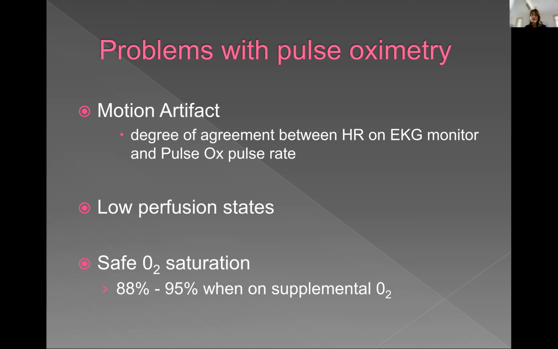So Chris, on the forehead, when you take a pulse ox probe and open it up and you stick it on the forehead, it's always going to give you 100% O2 saturation. The sensor thinks all of the wavelength of light got absorbed and you're doing great and you have 100% O2 sat.